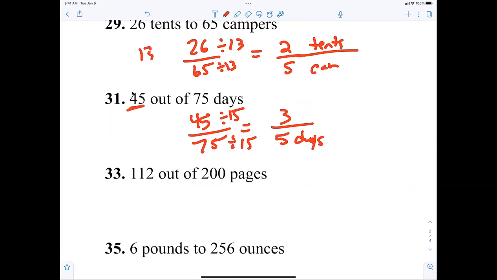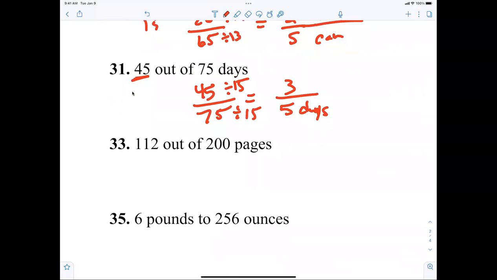All right. So this one I'm assuming is now. Yeah, let's go ahead and do that. I think that's a good observation. So if we put days on the top and the bottom, we can just then say it's just what? 3 over 5. Yeah, 3 over 5. Same thing here, 112 pages out of 200 pages.